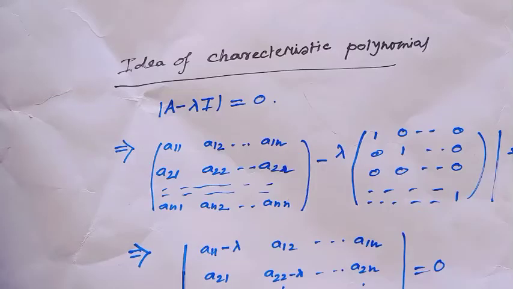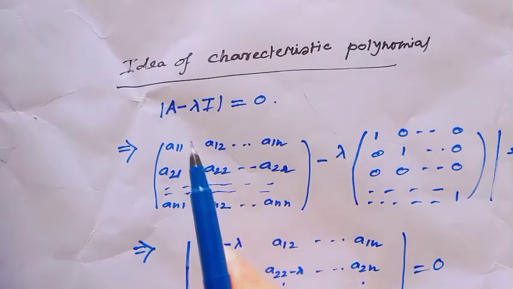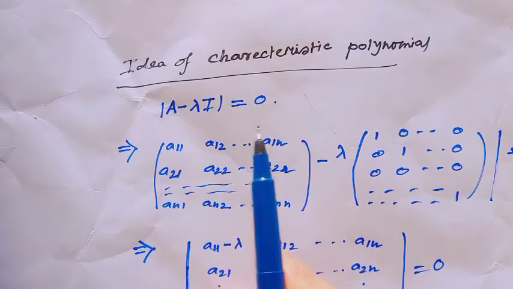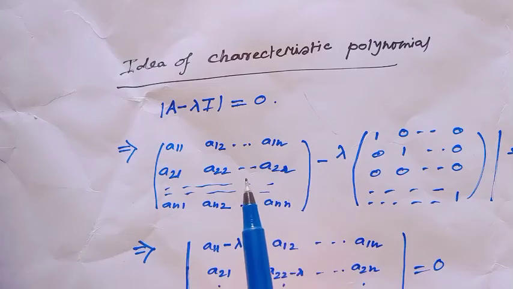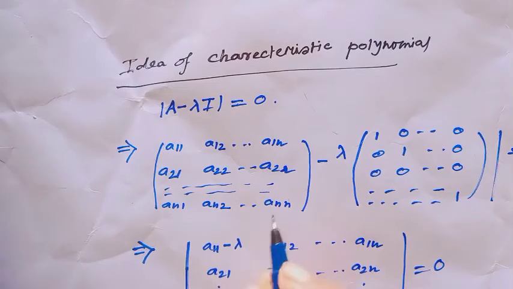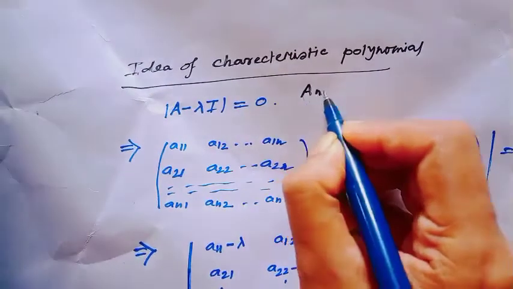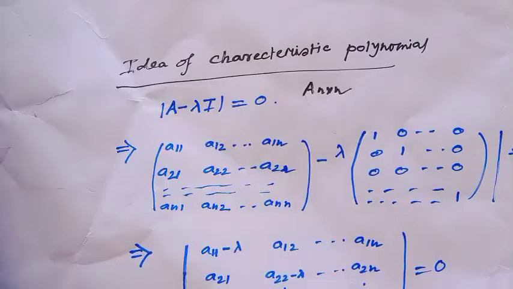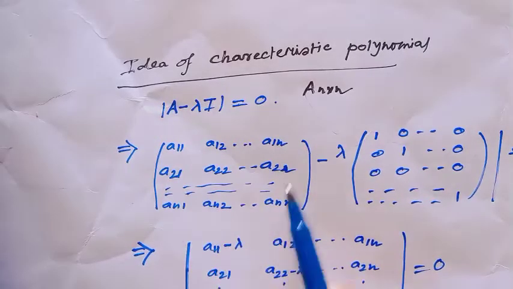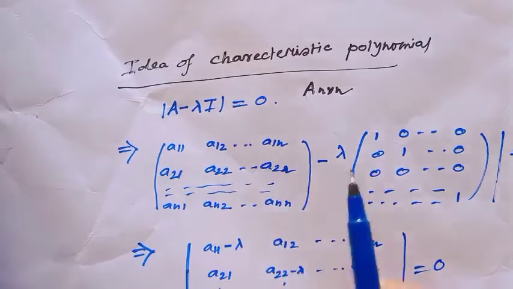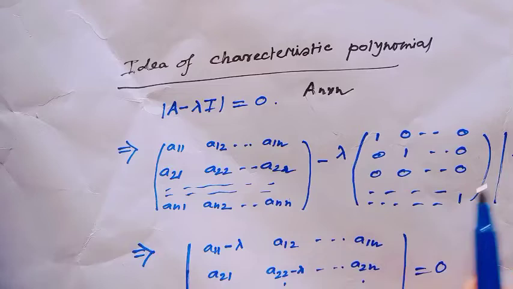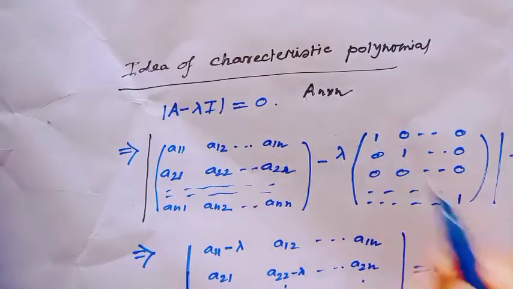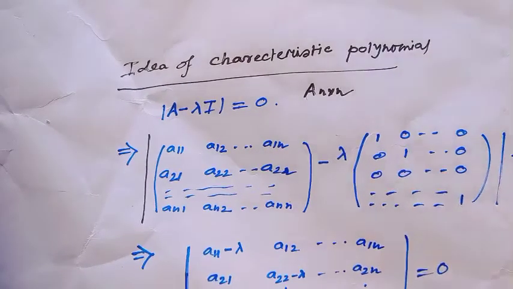Now I will see what is the idea of the characteristic polynomial. This is actually the determinant of A minus lambda I equals 0. Since I have considered A as an n cross n matrix, this is the n cross n matrix A minus lambda times the identity matrix equals 0.